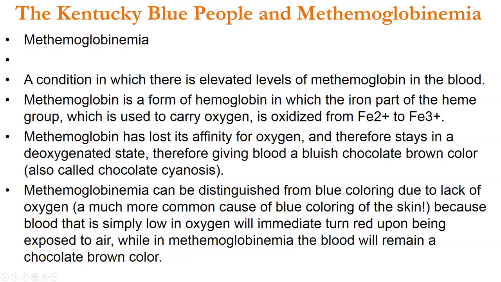Why is that? So many things can cause you to turn blue, right? I want you to understand that. Methemoglobinemia is one of a small percentage of the possibilities. So if you don't breathe, you'll turn blue, right? But you can differentiate methemoglobinemia from other things that could cause you to turn blue, because in these individuals, if you take a blood sample, their blood actually looks like chocolate. If you look at your veins, they also appear blue, right?